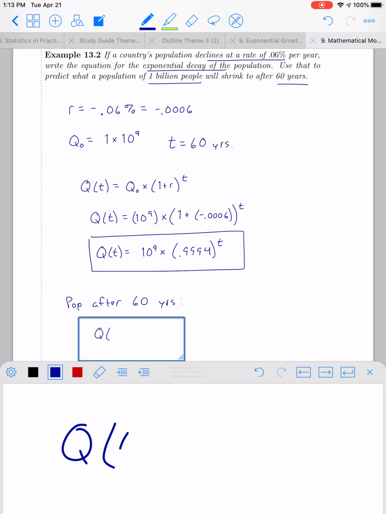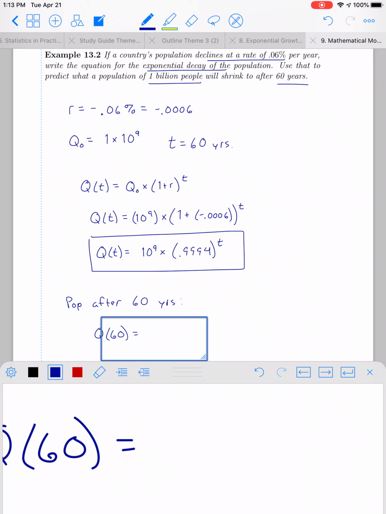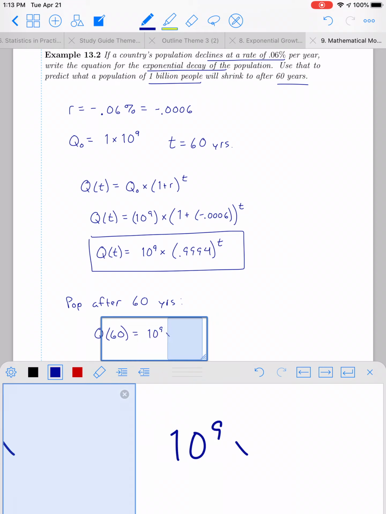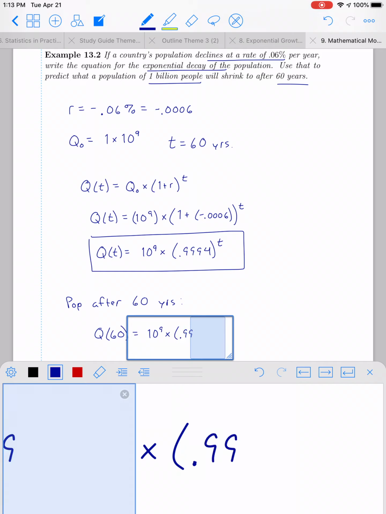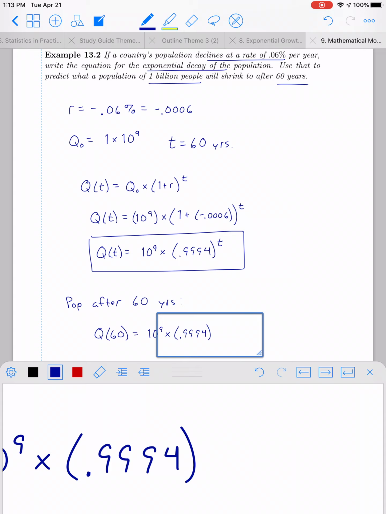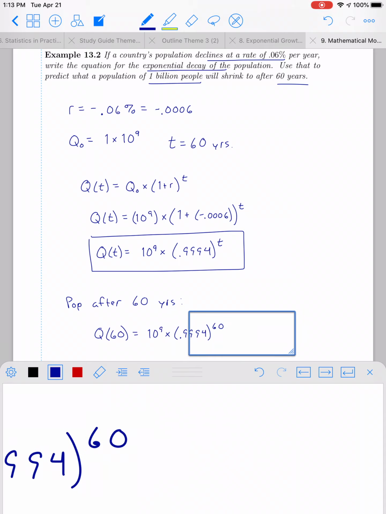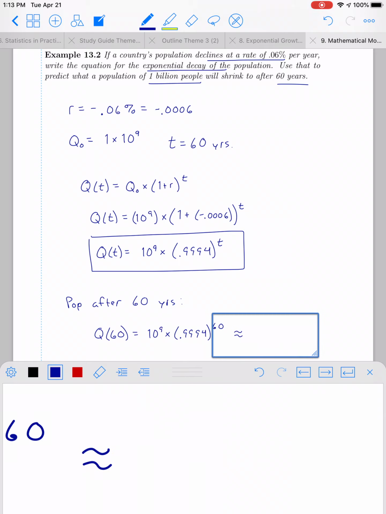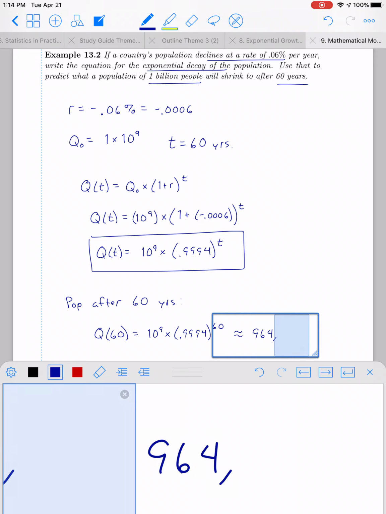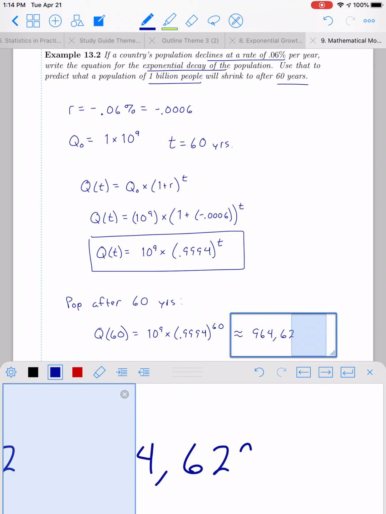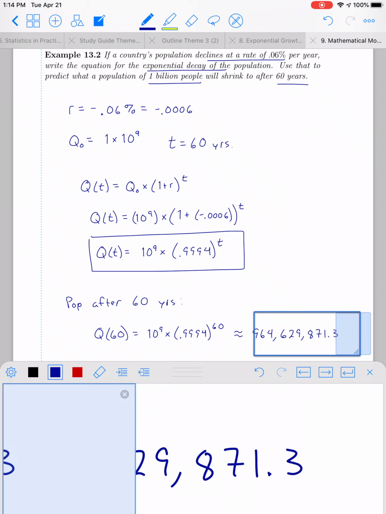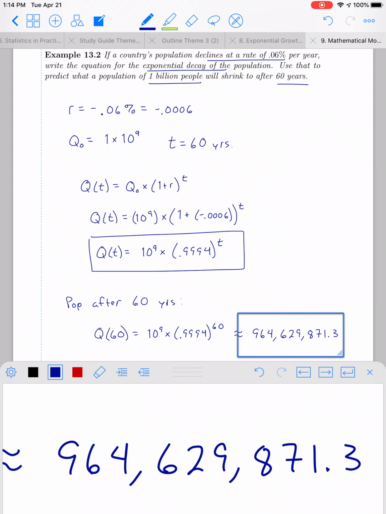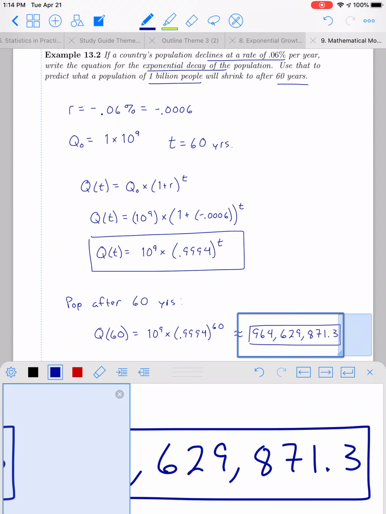So this is Q of 60, and that's 10 to the 9th times 0.9994 to the 60th. And this, once we plug it into a calculator, very similar to what we did in the previous problem, we get 964,629,871, and we have a decimal of 0.3. It's sort of trivial, but we'll throw it in just because we know it.